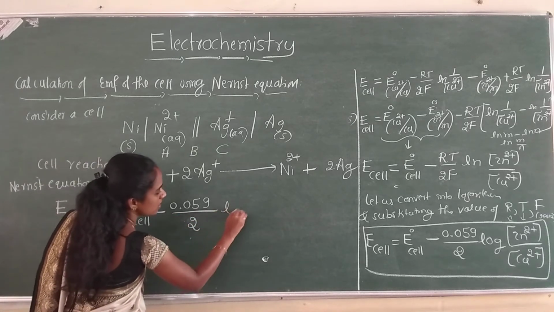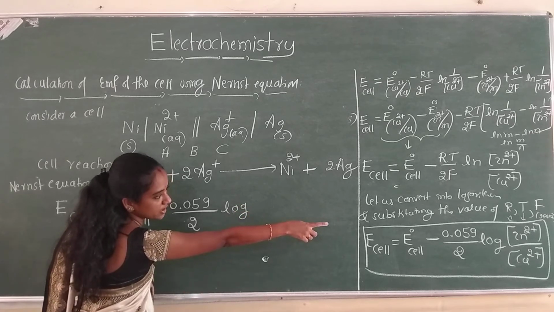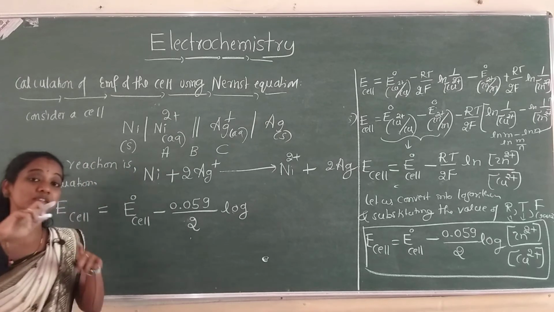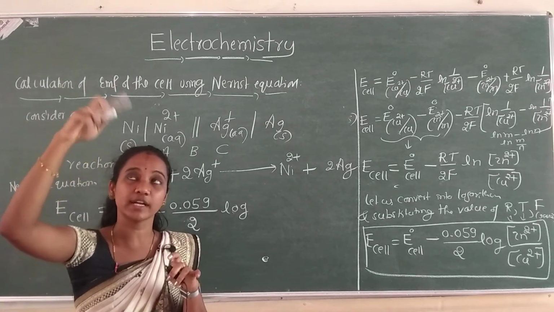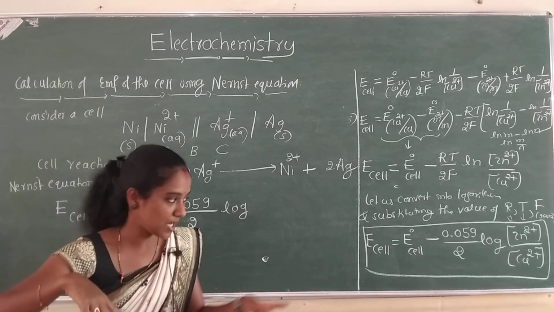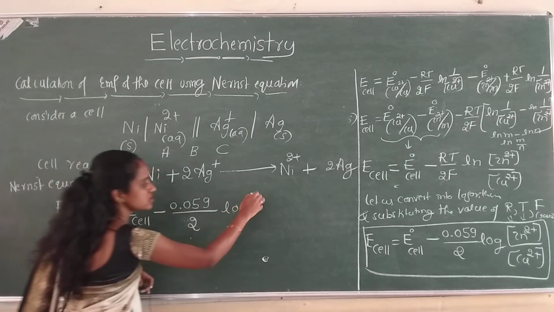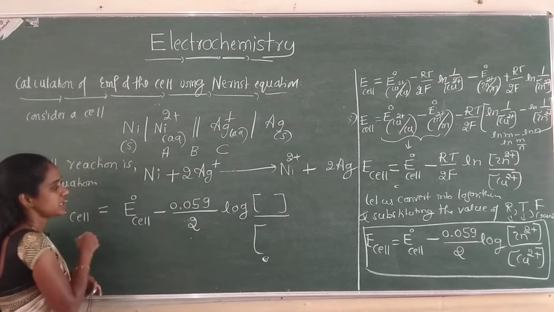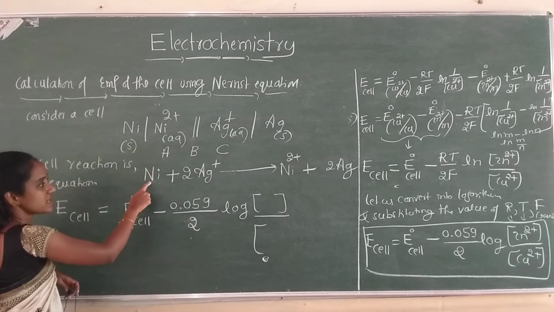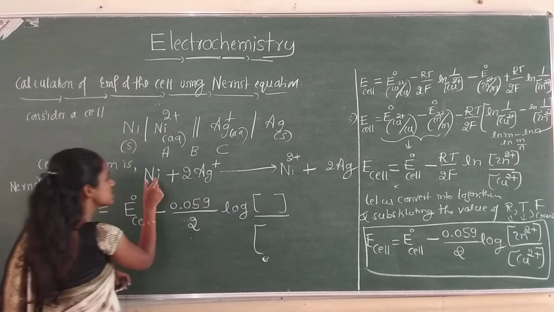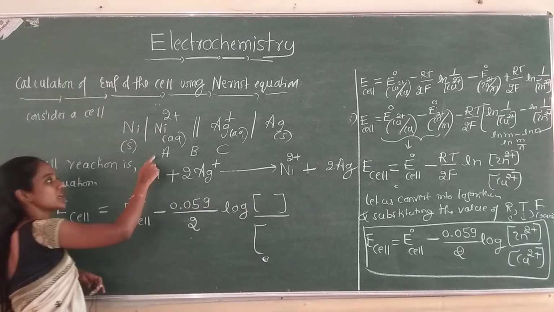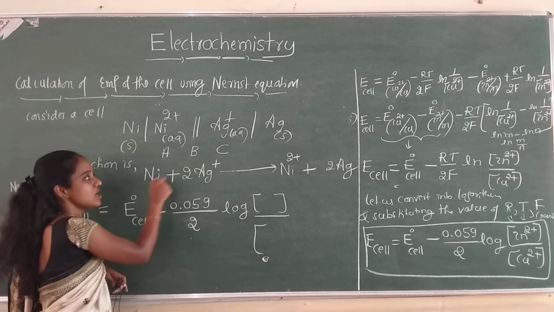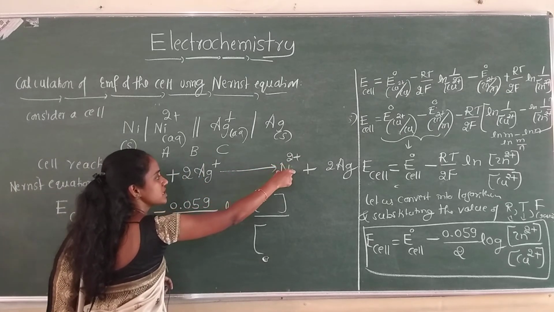Next, what is the formula? Log of, in the numerator, as for the Daniell cell, Zn2 plus, the species which is formed by oxidation. So in the numerator always that species must be there which undergoes oxidation. In this reaction, the species undergoing oxidation is nickel, and after oxidation it becomes nickel 2 plus.